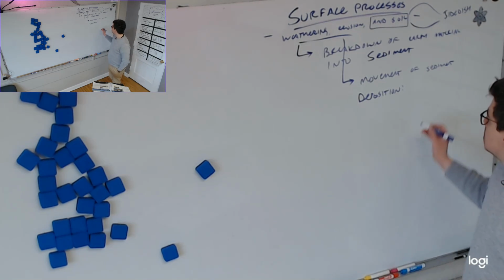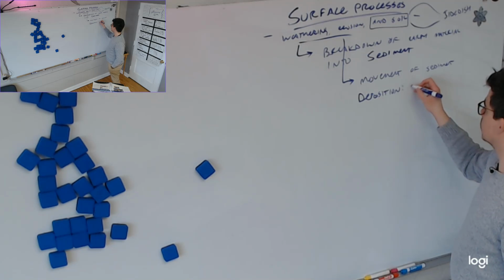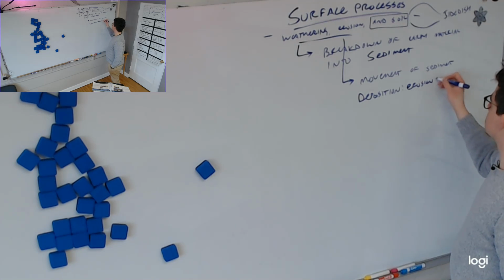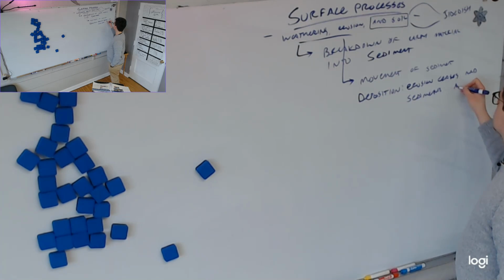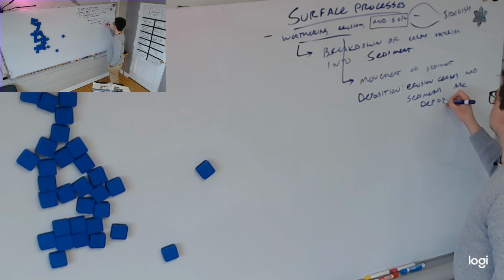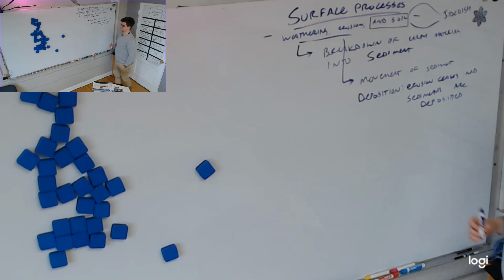Deposition is when, basically it's just the stoppage of erosion. When erosion ceases and sediments are deposited. We sometimes even use the verb phrase laid down. Sediments are laid down.